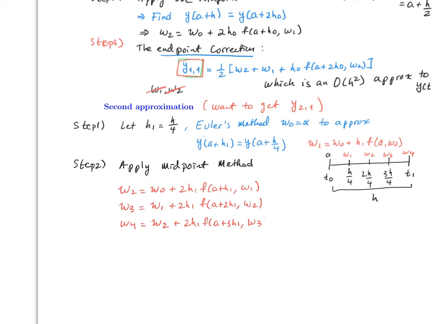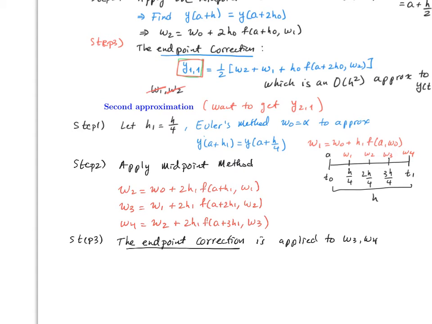And then finally on step 3, we do the same thing. You need to find the endpoint correction, or you apply the endpoint correction to the method, but the endpoint correction is applied only to the last 2 points, so it's applied to W3 and W4.